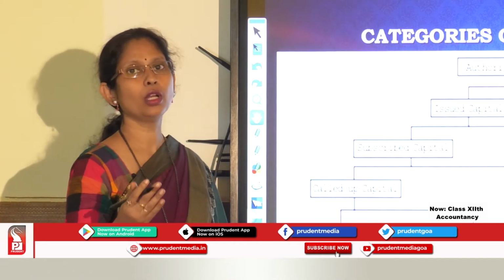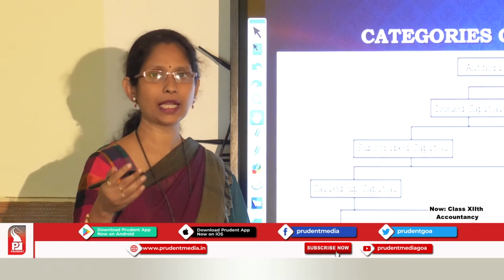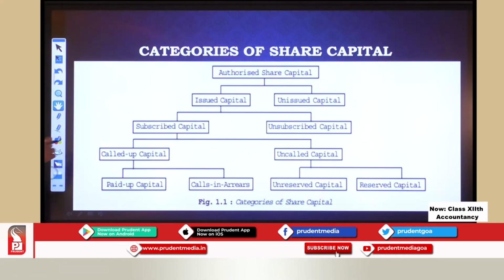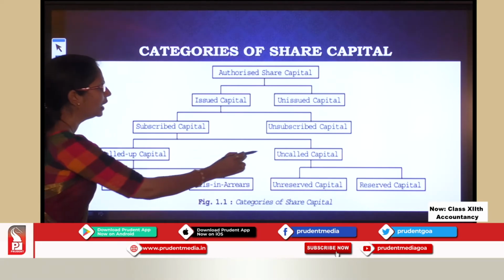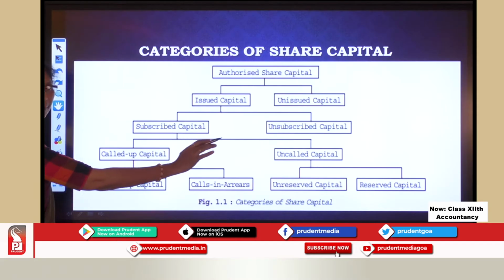Okay. So supposing 100 rupee was the share, now company is asking you to pay 50 rupees, then that 50 rupees will be called up. The one which is not asked by the company to pay, company has not yet made the calls, that will be uncalled capital. So subscribed capital we have, which can be further classified as called up capital, uncalled up capital.